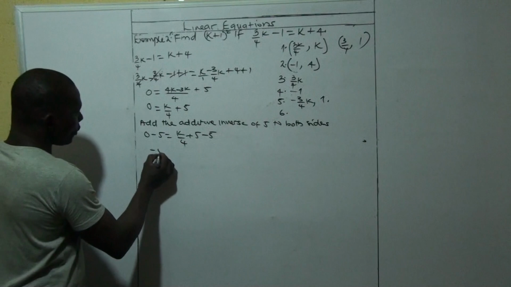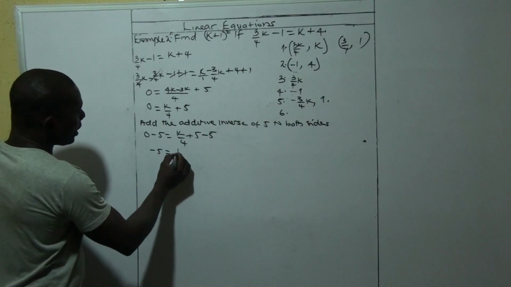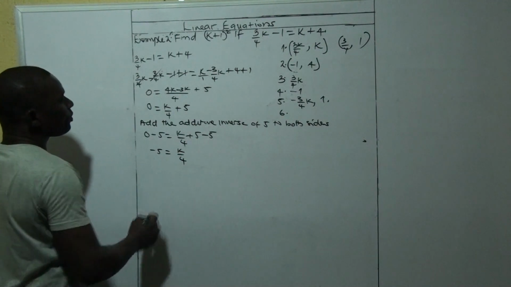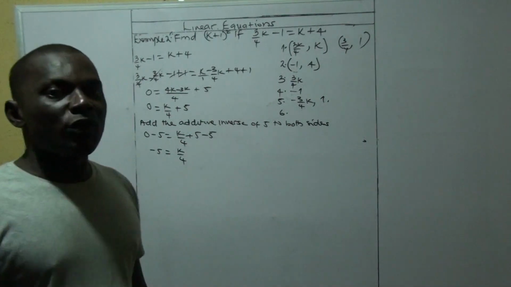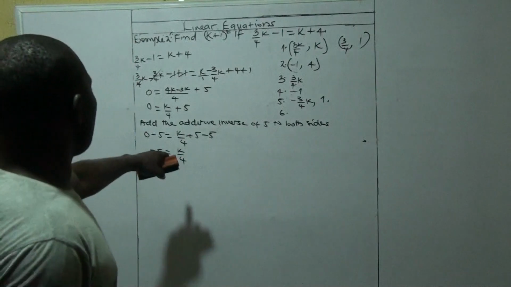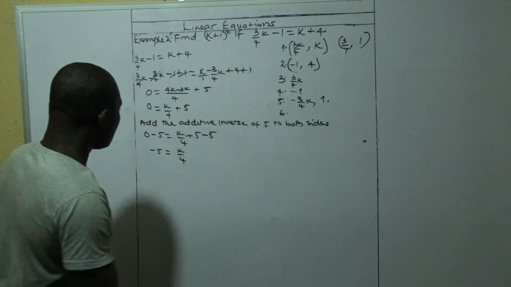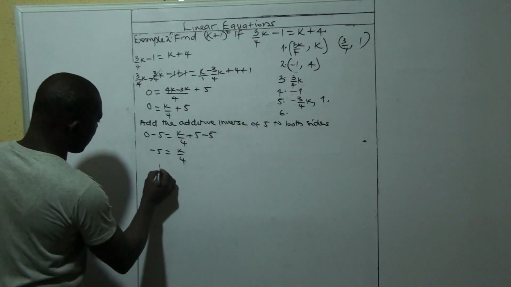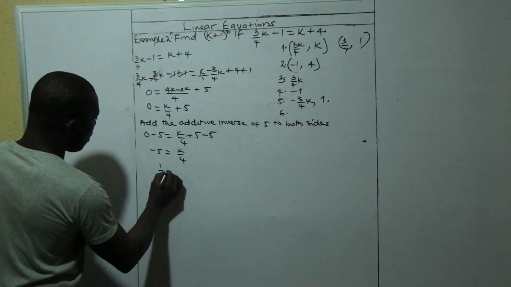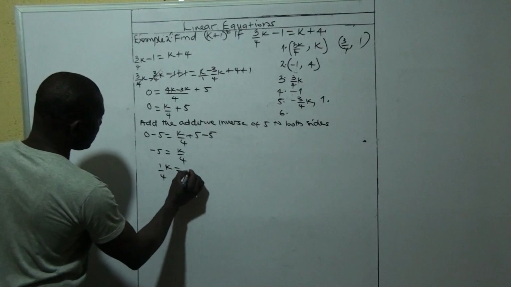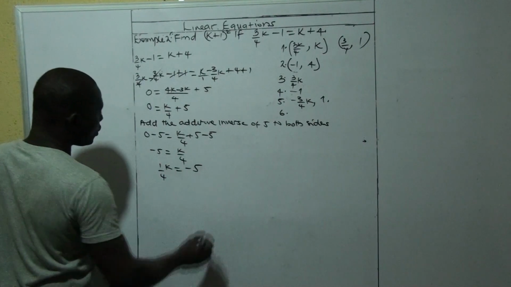So here we have minus 5 is equal to k over 4. This one cancels. What we're looking for here is the value of k. I can rewrite this as 1 over 4 k is equal to minus 5.